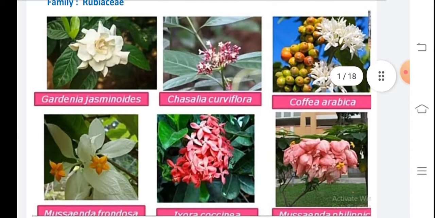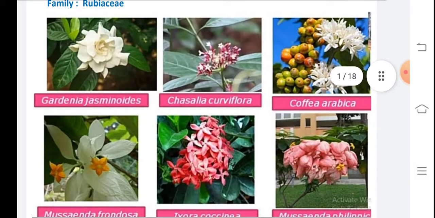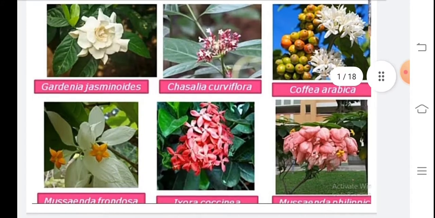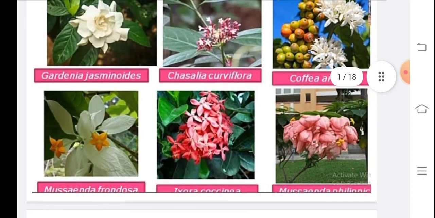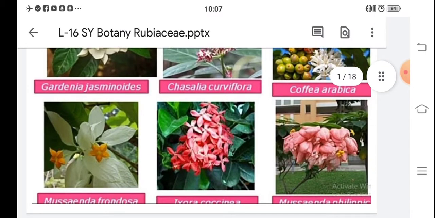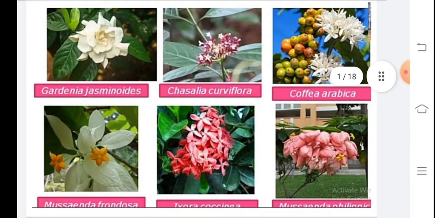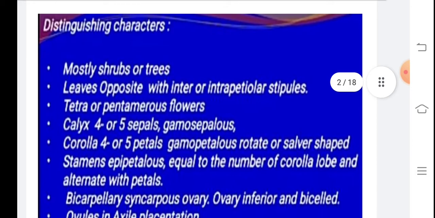Then Calathea curviflora. It is an ornamental shrub. Then Coffea arabica, coffee plant. Then there is a Mussaenda frondosa and the Mussaenda philippica. So the frondosa is not in our campus, but this second one is commonly seen in the nurseries or garden.